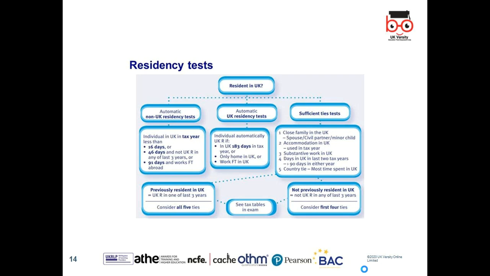Then an individual is automatically UK resident if they spend 183 days in the UK, or if they have their only home in the UK. If you're a dual national, the tax rules still apply as UK resident, because you don't have just a UK domicile, you have a domicile of other countries as well.